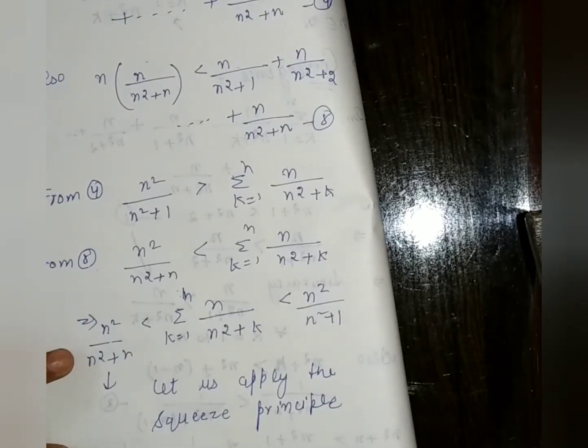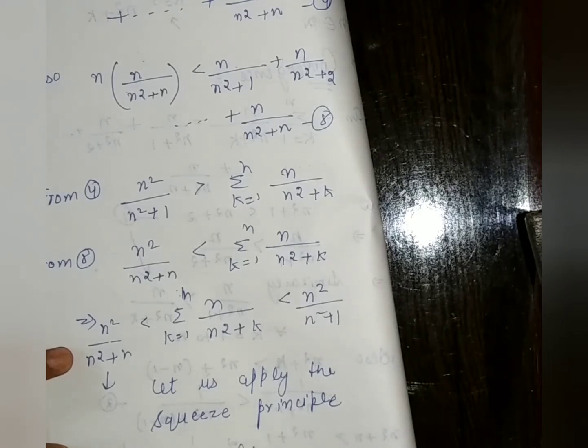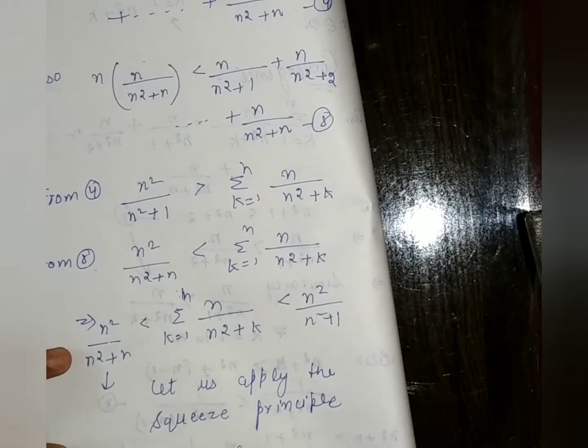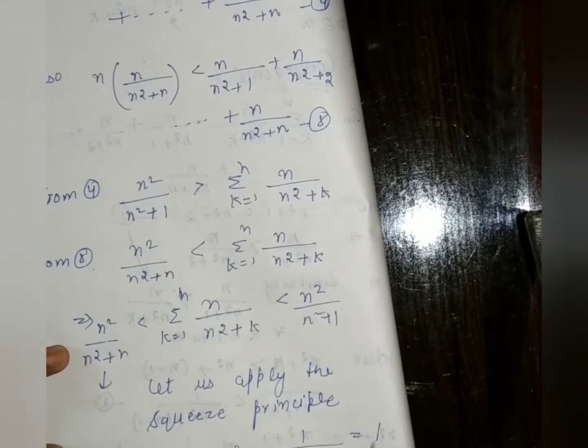So let us find the limit as n tends to infinity of n square upon n square plus 1. Dividing numerator and denominator by n square, we get 1 upon 1 plus 1 by n. When n tends to infinity, 1 upon n tends to 0, so this is 1.